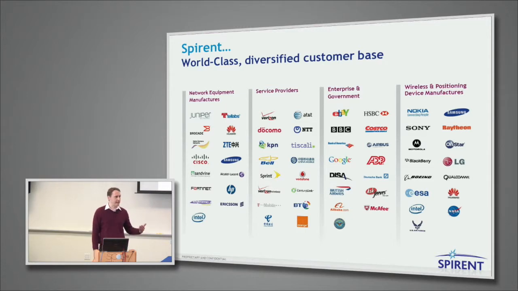What these manufacturers and service providers do with our equipment, software and solutions is make sure that their products perform and have the reliability and security that they need in order to sell them into the carriers and enterprises.